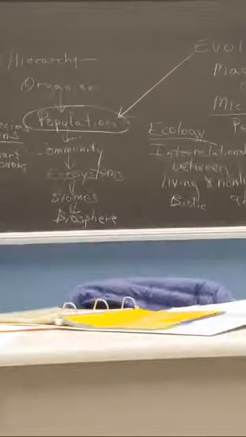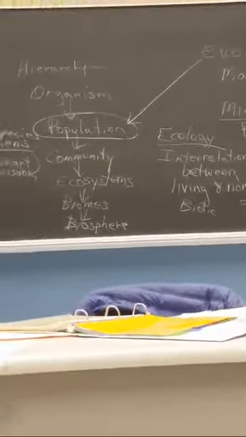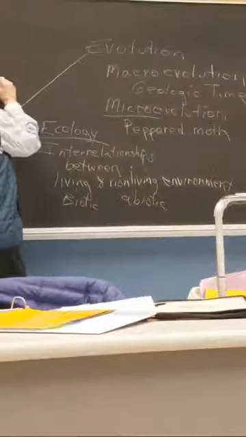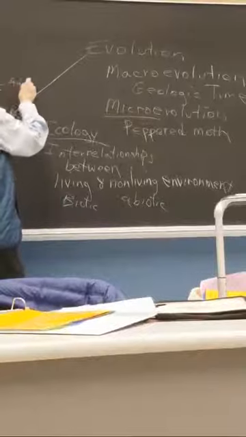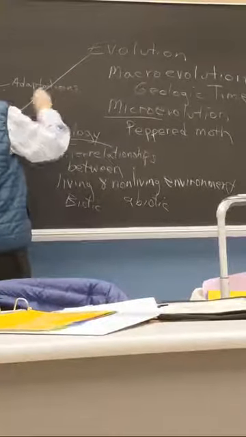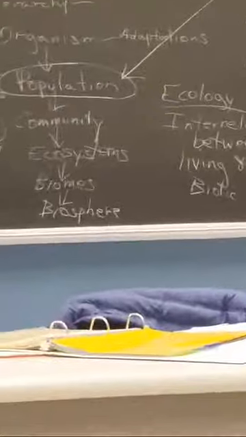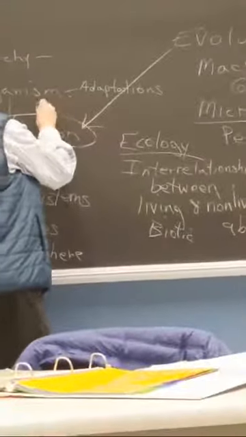The groups of organisms of the same kind that live in a certain area, and at the organism level, due to genetic variation, you have adaptations of individuals and how they react with their environment.